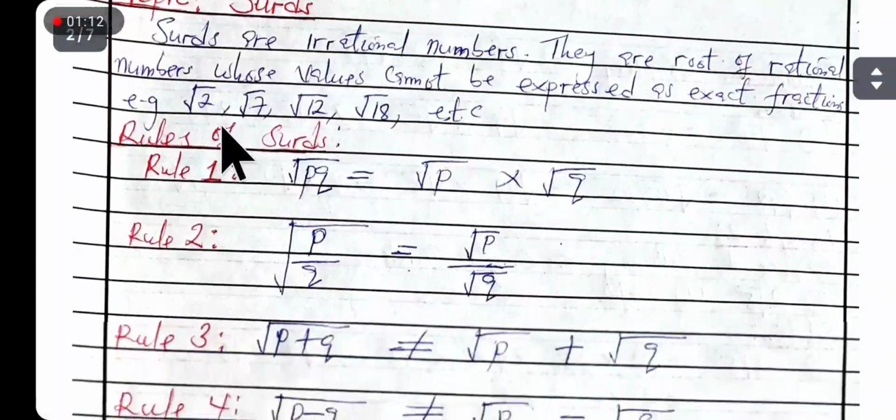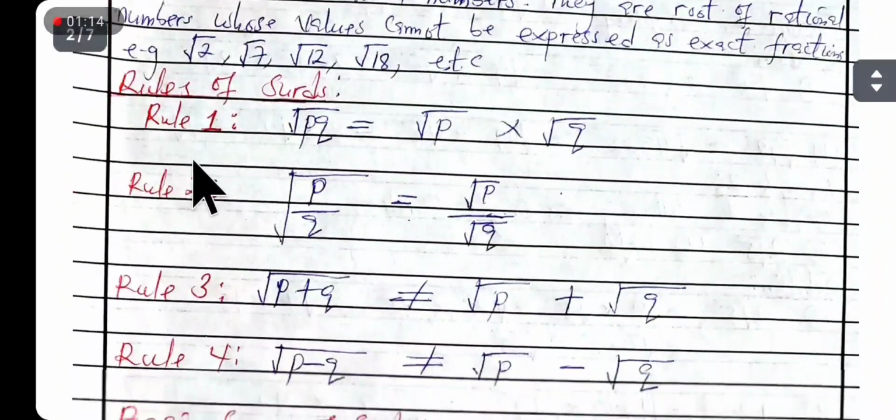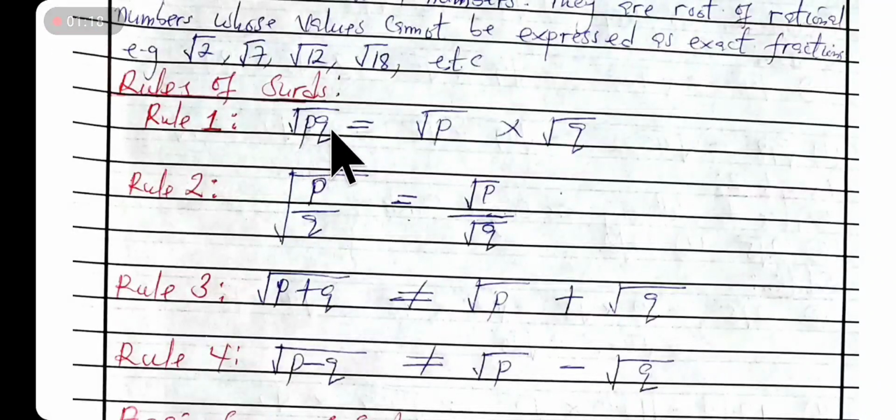We have some rules of surds. The first rule is that root of p times q is also the same thing as root of p times root of q. So if you have two values multiplied under a single square root, you can split the root for them.